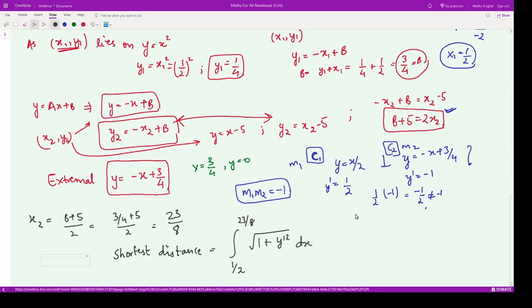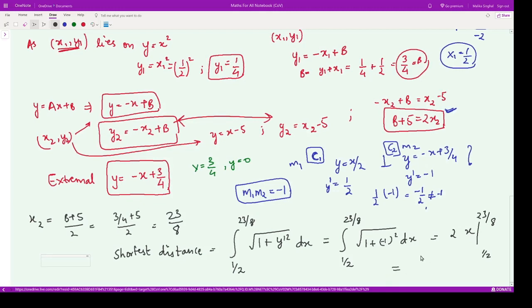What is y'? We have computed y' as -1. So it would be the integral from 1/2 to 23/8 of the square root of 1 plus (-1) squared dx. So that would be the square root of 2 times x, with limits from 1/2 to 23/8. So that would simply be 19 square root 2 by 8. So the shortest distance is this.